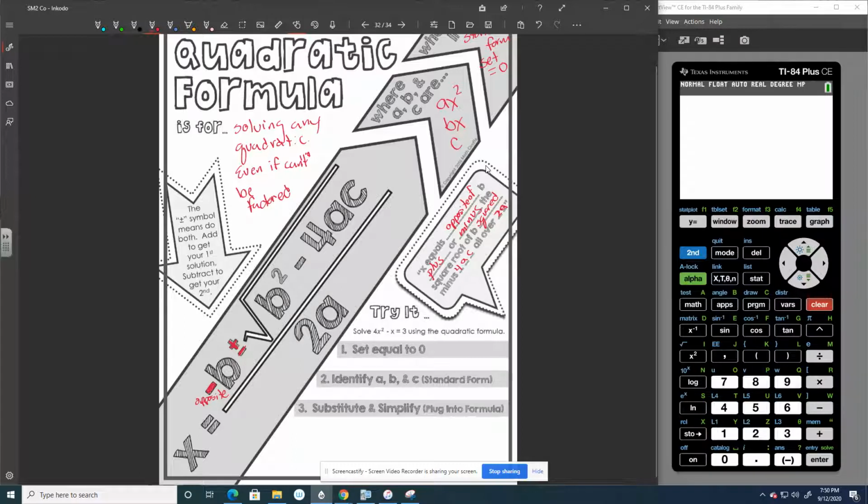And this is one that you are going to want to memorize. X equals the opposite of b plus or minus the square root of b squared minus 4ac all over 2a.